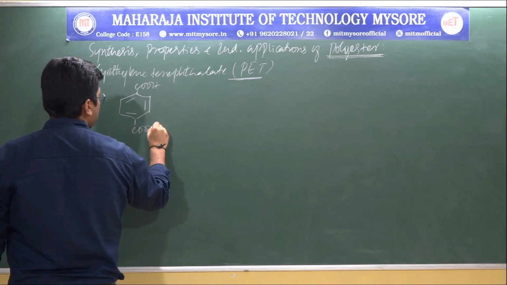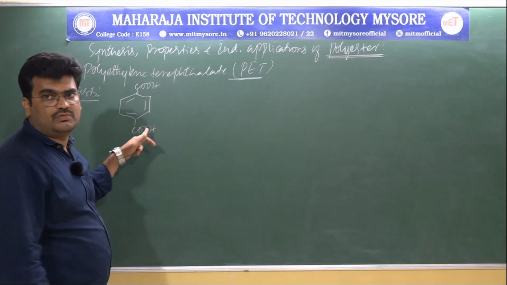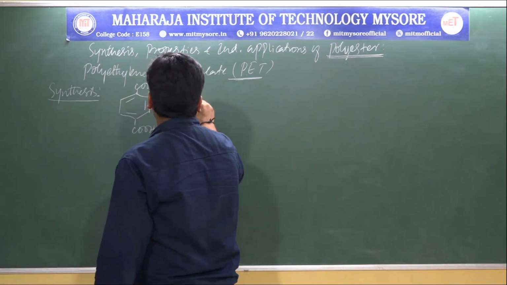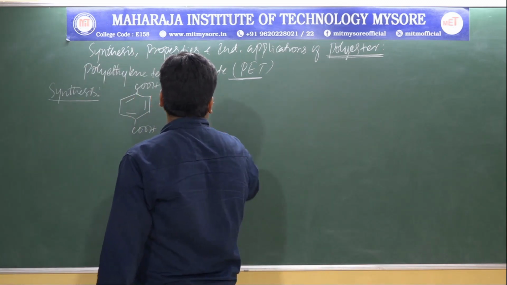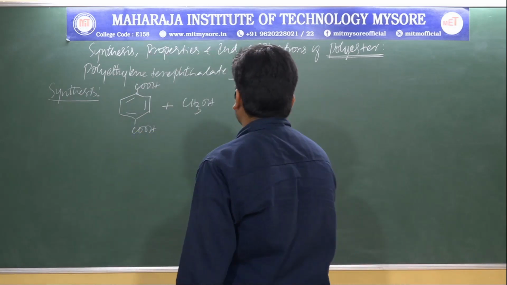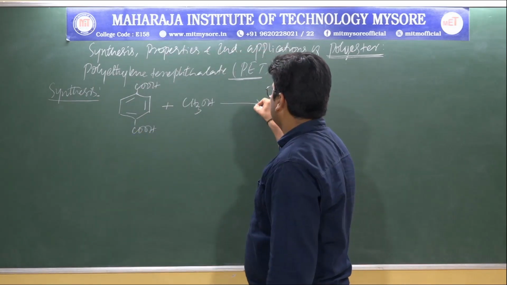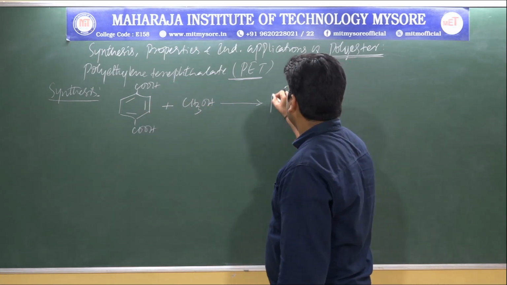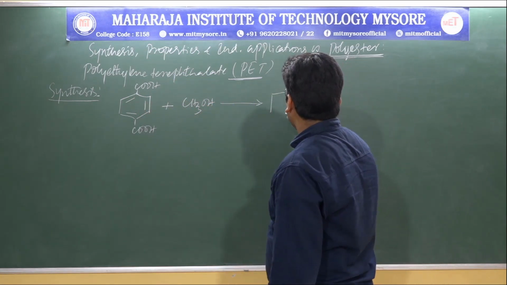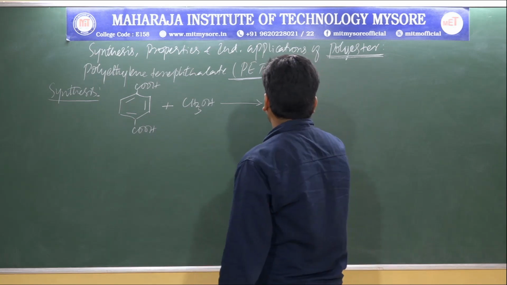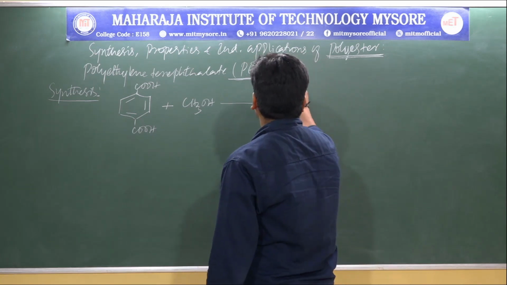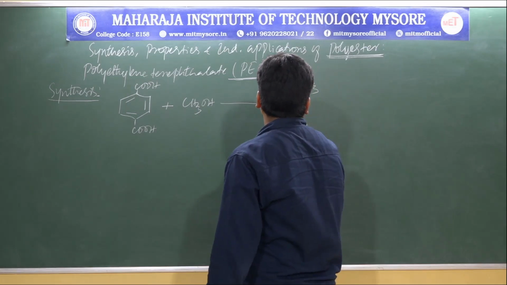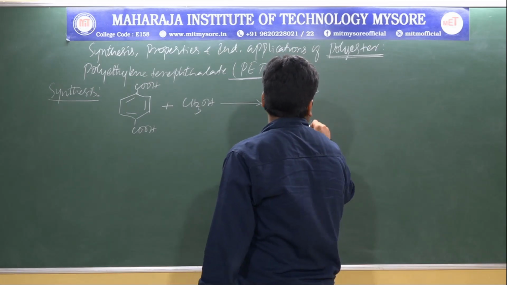Two COOH groups will be present at the para positions of the benzene ring, and if we treat this with methanol, that is CH3OH, it undergoes a condensation reaction with the liberation of water molecules, so that we get the next product, which will be COOCH3, COOCH3.